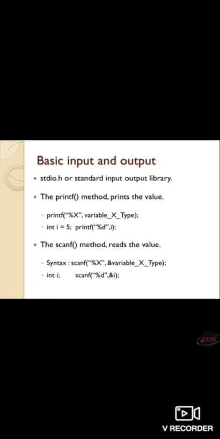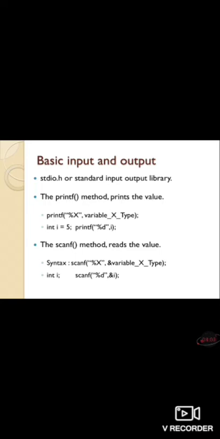Next is the scanf function. The scanf function in C reads the value from the console as per the type specified. Syntax: scanf("%X", &variable_X_type), where %X is the format specifier in C. It is a way to tell the compiler what type of data is in a variable.